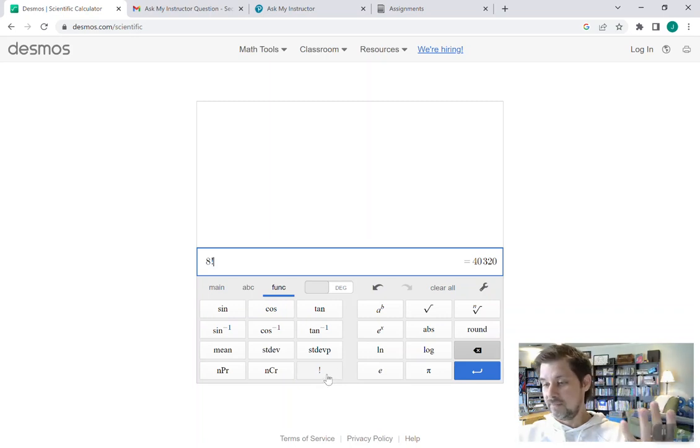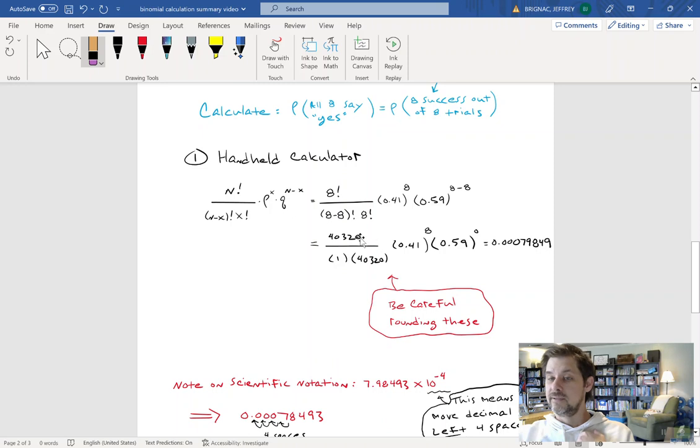It might vary by calculator how you find that, but it'll be in there. And you'll have to find it. If you can't find it, you can tell me what kind of calculator you have and I can let you know where it is, okay? So that's 8 factorial. You see 8 factorial is 40,320. So you see I put in my next step, 8 factorial is 40,320.